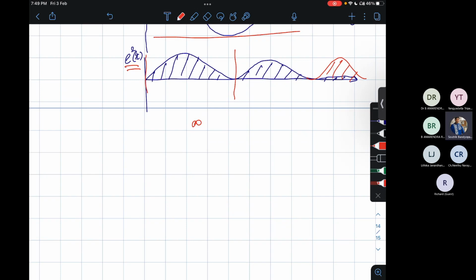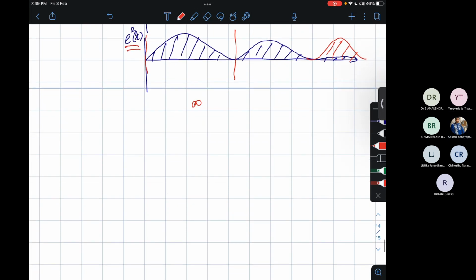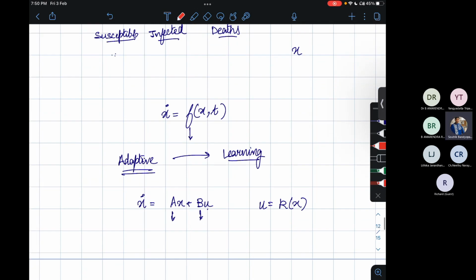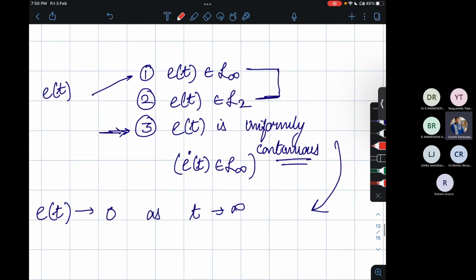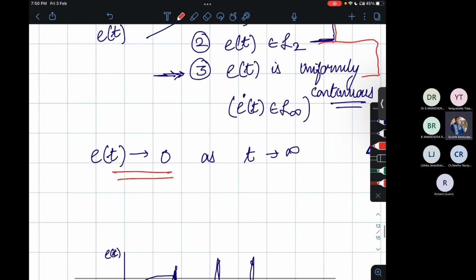Only then can you have an infinite value of the integral of e square, right? If this is 0, it is dying down to 0, then this would approach a finite value. So this is a very intuitive way of saying that if these three conditions are satisfied, then e of t would die down to 0.